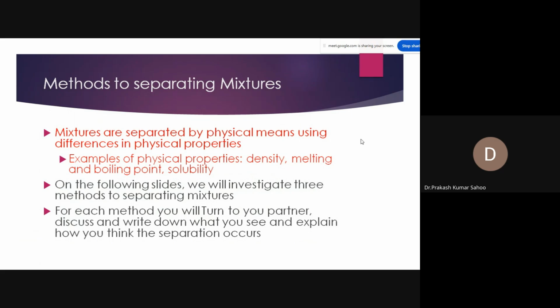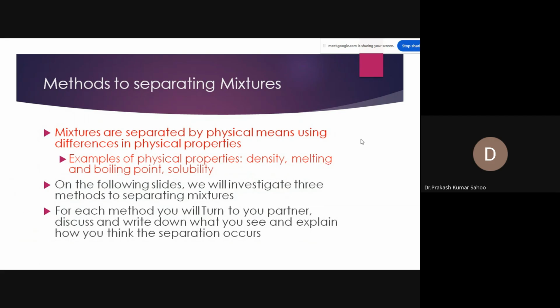So mixtures are separated by physical means using different physical properties, as we have already pointed out. Some properties, namely density, melting point, boiling point, solubility, volatility, viscosity, surface tension or surface energy, and osmotic pressure.